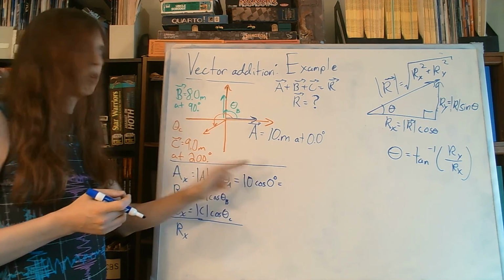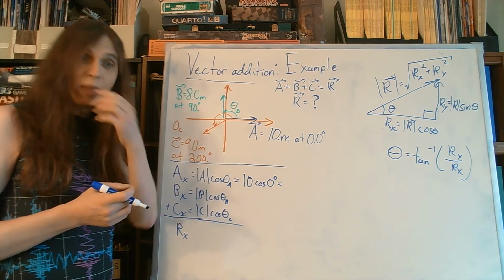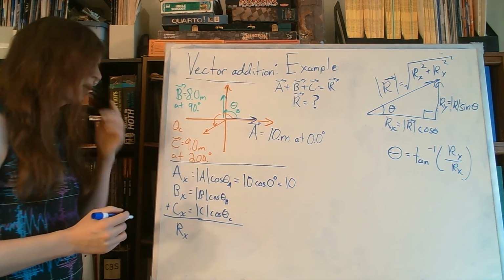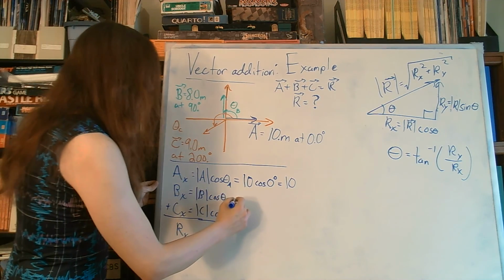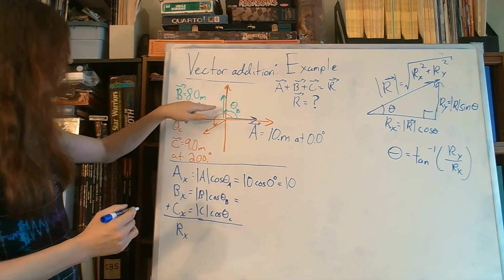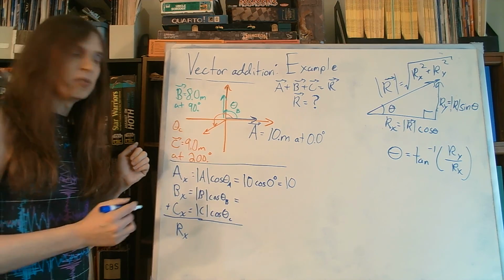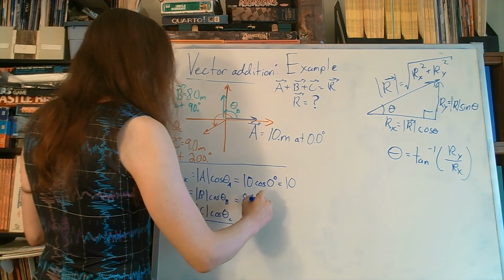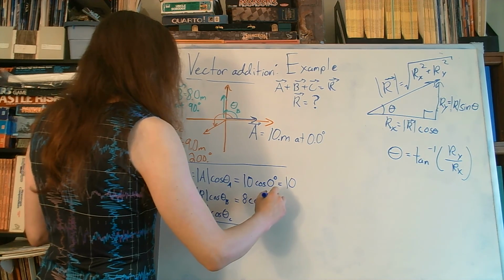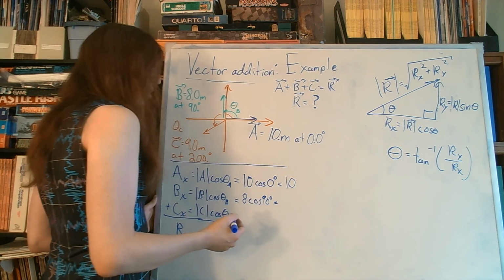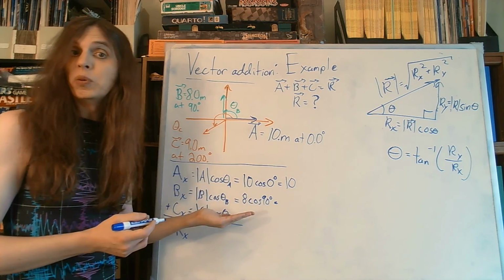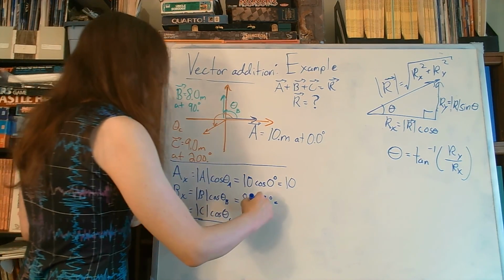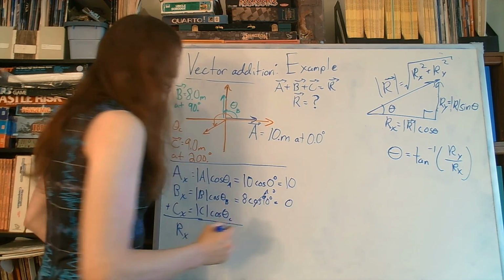We didn't need to formally do that to solve for that. So that's 10 meters there for that x component. Whereas for the x component of B, that's 8 meters times cosine 90 degrees, which cosine 90 we know is 0. There's no part of that vector in the x direction, so that's 0 meters.